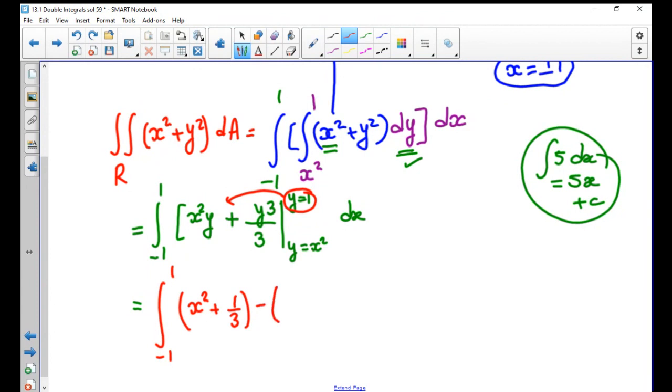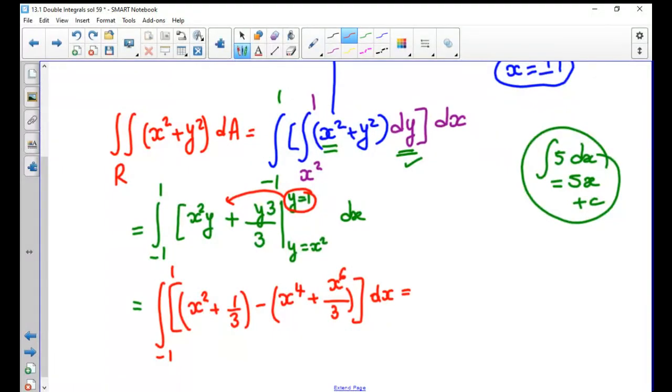Then minus, I put now y equal x squared, and I will get x to the power of 4, plus x to the power of 6 over 3, dx.